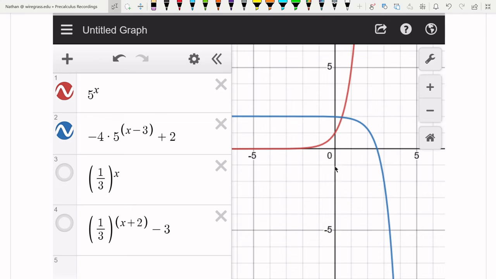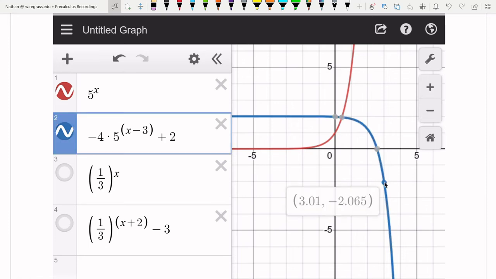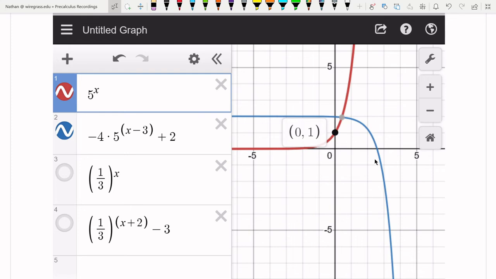So, well, I should say it was 1, so it's going to multiply by 4. So it gets to here. Then this point has been shifted over 3 units, 1, 2, 3, and then up 2, 1, 2. And it puts us right at this spot here. So this point got transformed to this point here. And the rest of it is transformed as well, according to the function.